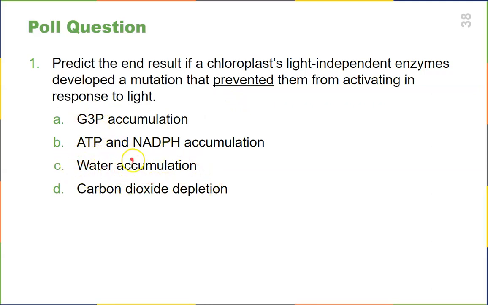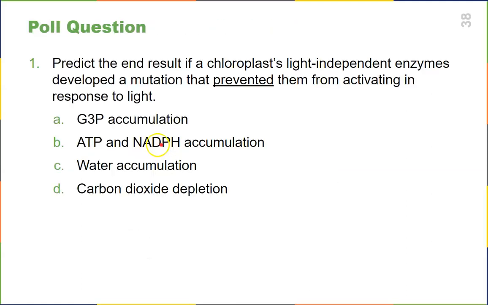If water's not being used, remember we split water at the beginning of the light reaction. If we're not exciting electrons, then there's just going to be kind of a standstill in the light reaction. And if we're not exciting those electrons, then we can't get more electrons because they're not moving.